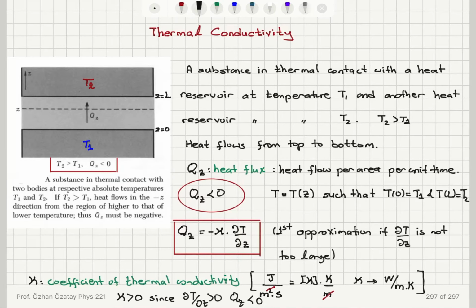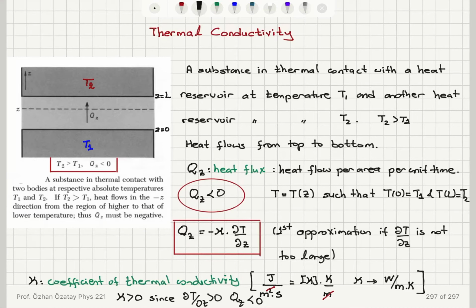So if you look at the entropy change in the total system, you find that the entropy of the isolated total system will be maximized only if you have the heat flow from the hot side to the cold side.